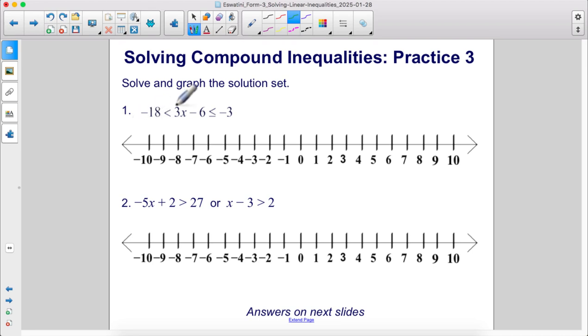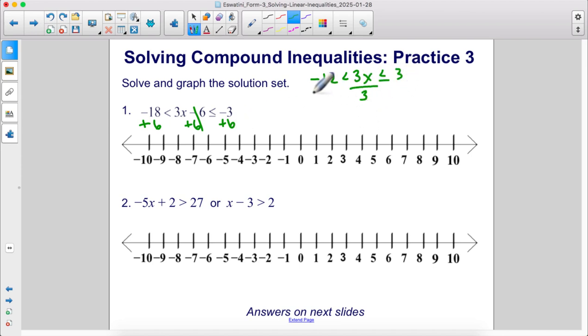Solve and graph the solution set. -18 is less than 3x minus 6, which is less than or equal to -3. First, I'm going to add 6 to both sides. And so that's going to give me -18 plus 6, which is -12, is less than 3x. I'm also adding 6 here to get rid of it. Is less than or equal to -3 plus 6, which is +3.